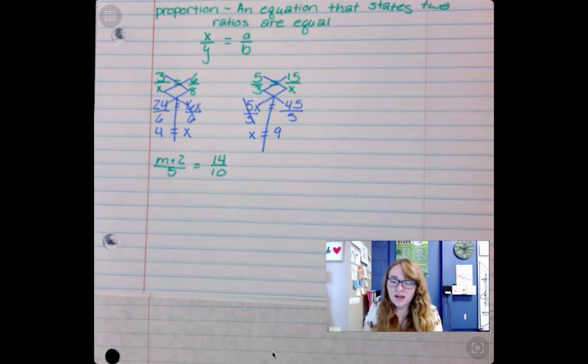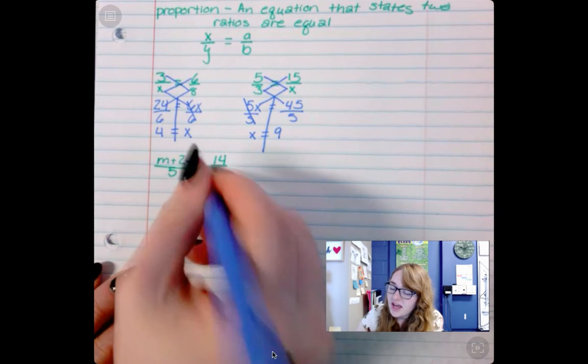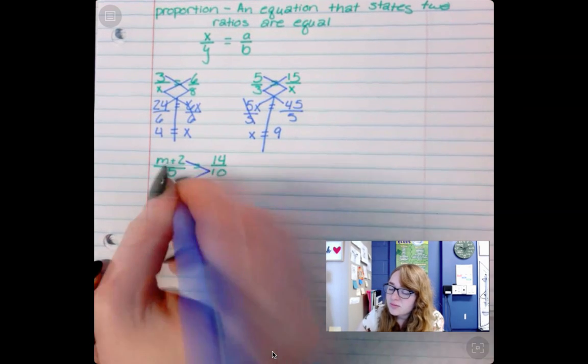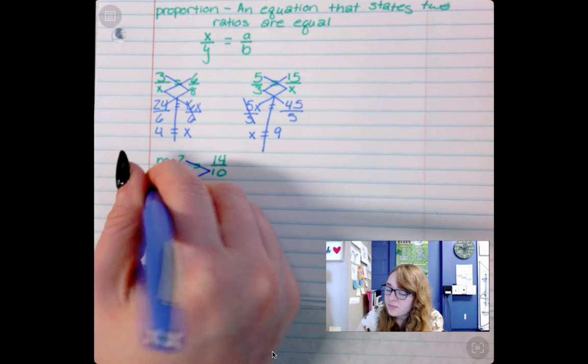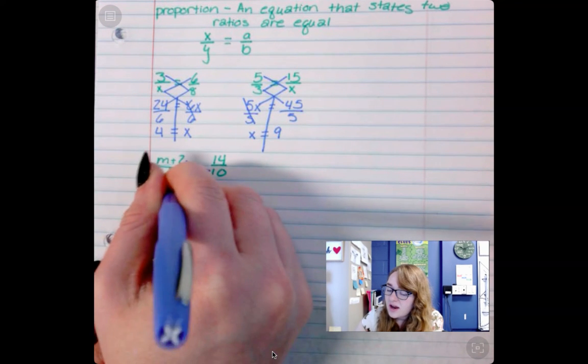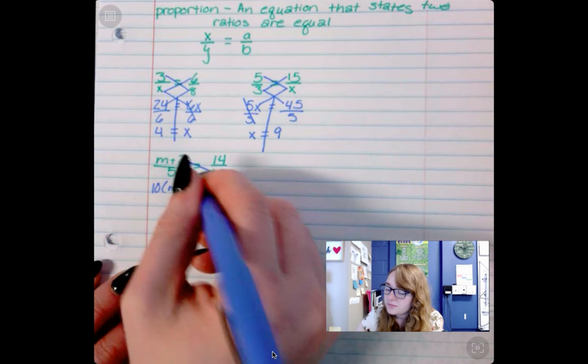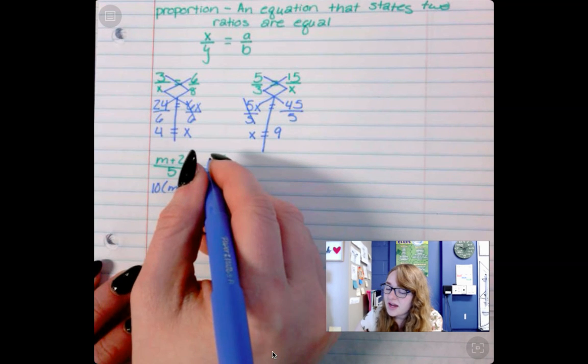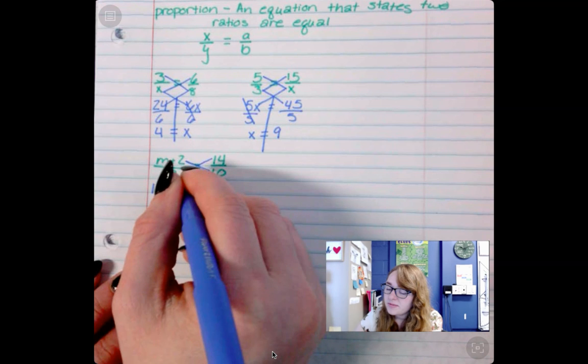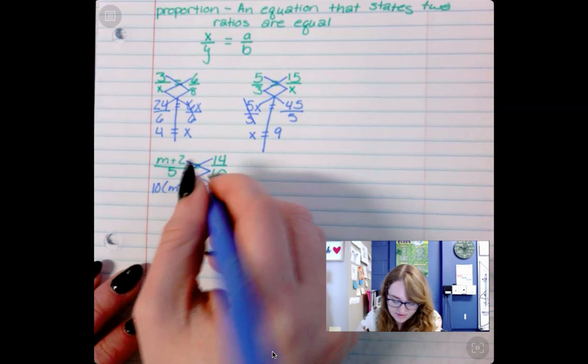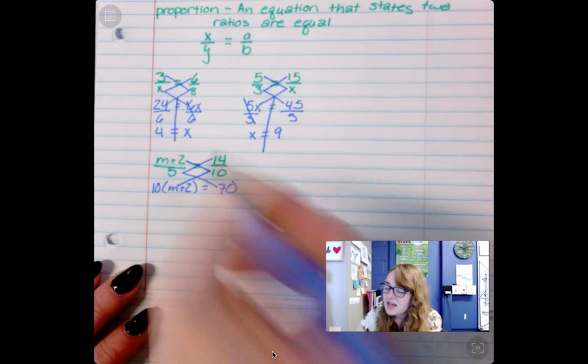We take our top left, that m plus 2, times our bottom right of 10. But instead of just multiplying it right there, we put the 10 outside and write some parentheses for that expression. On the other side, top right times bottom left, 14 times 5 gives us 70.